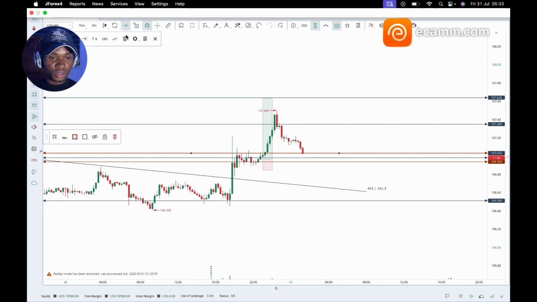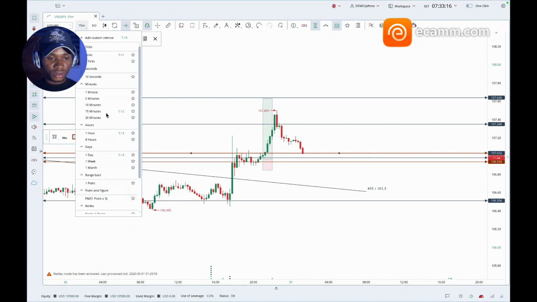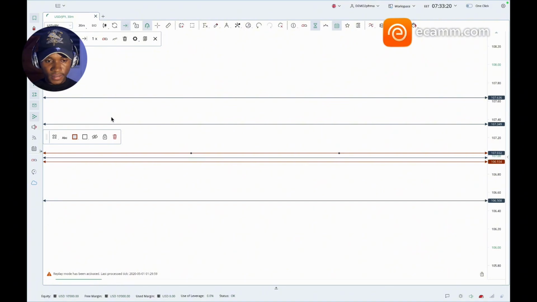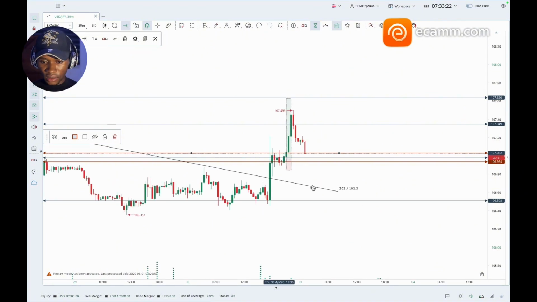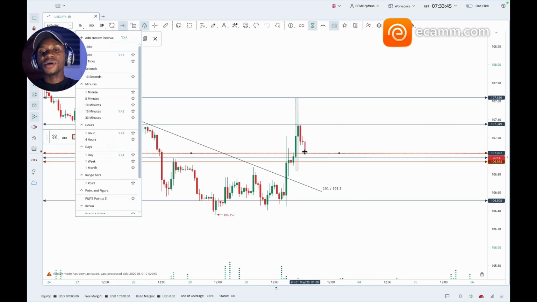Let's look at what we would have done. What I understood about this is a bearish engulfing pattern formed in the 1 hour time frame.